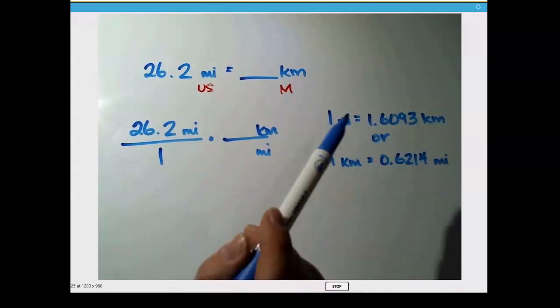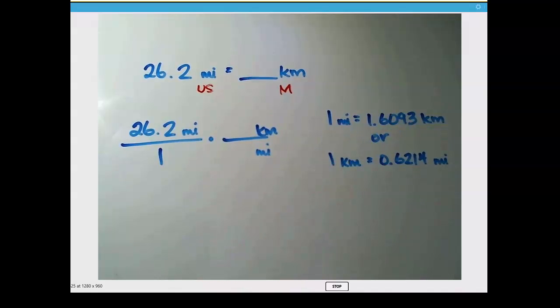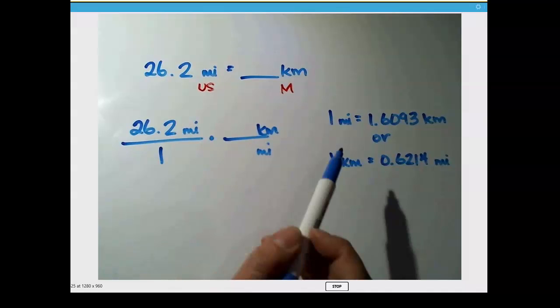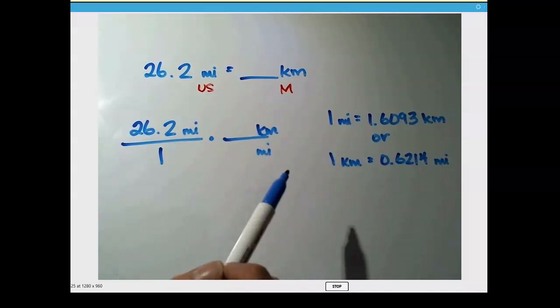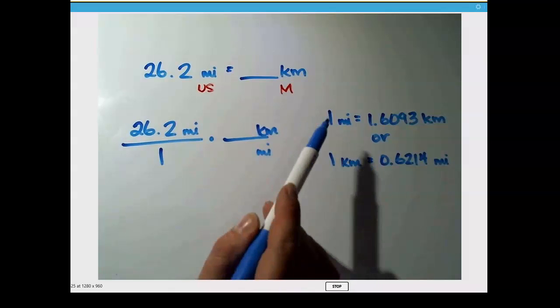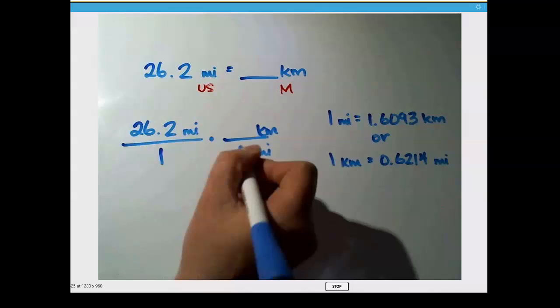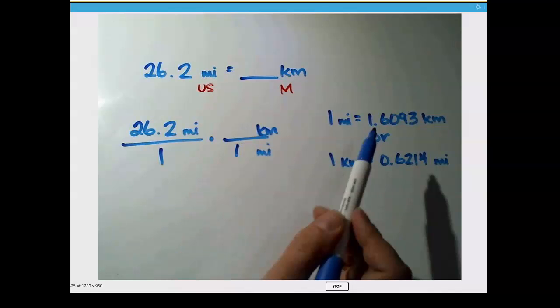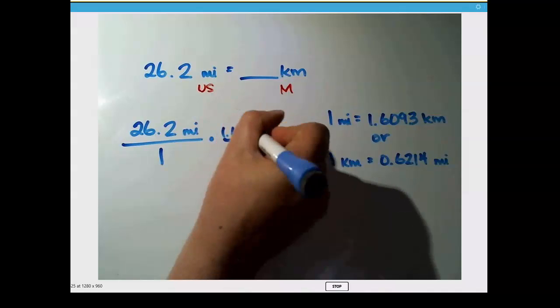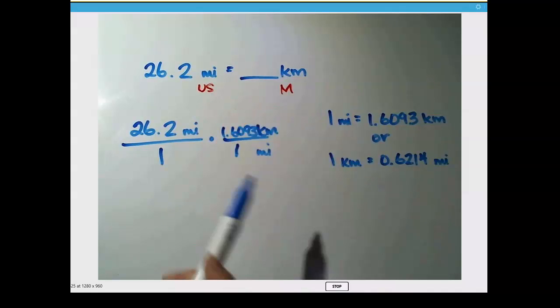Since I have 2, I'm going to actually do this problem twice to show you what happens if you use one versus the other, just so that there's no confusion about, well, which one do I use? You can use either one. You should get something really close, if not exactly the same. So let's go with the first one. The 1 is going with the miles, so that's going to go down here. And the top is 1.6093.